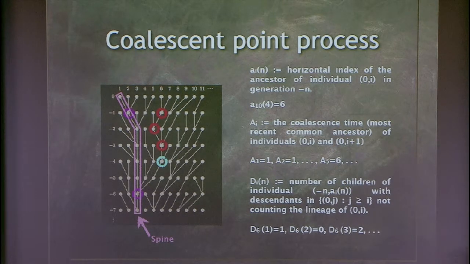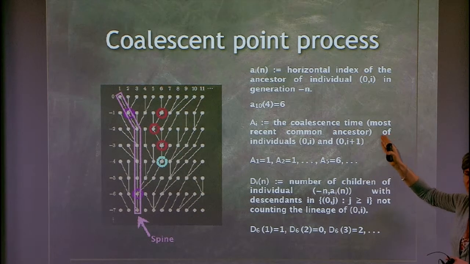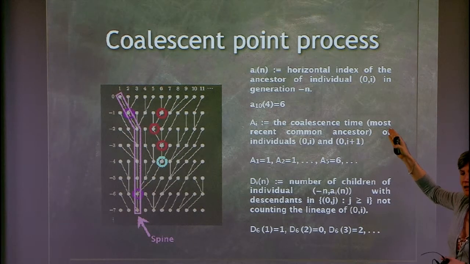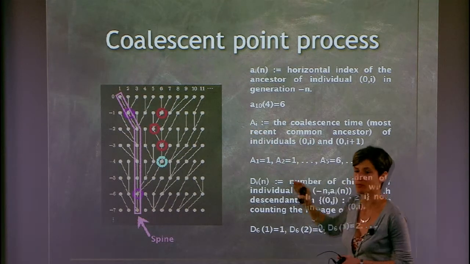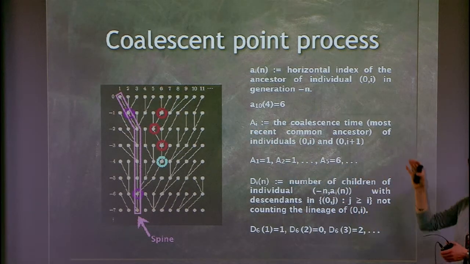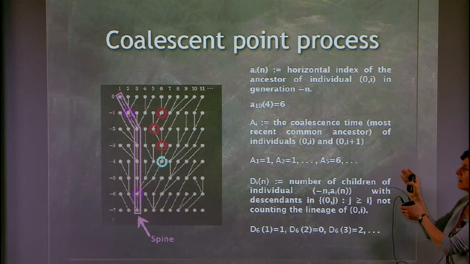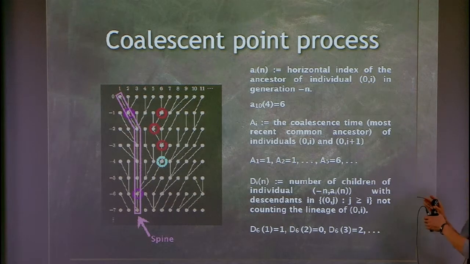So if you keep track of these quantities, then essentially you can build this process. You can show that this is a Markov chain horizontally. And this process, so not the process of just the depths, but the process where you're keeping track of how many offspring that have descendants in the future you still haven't seen, that has a Markovian property.